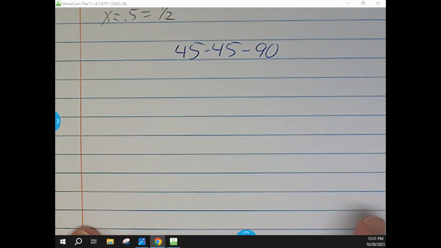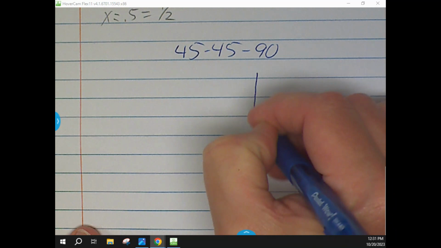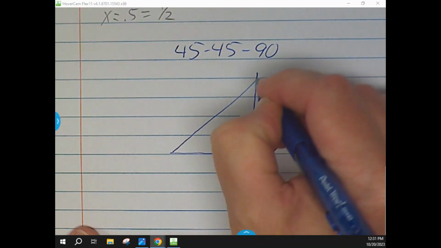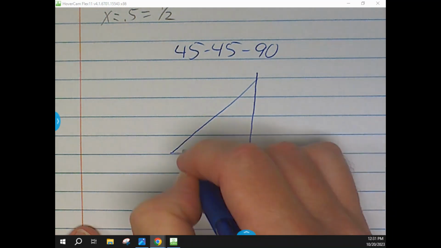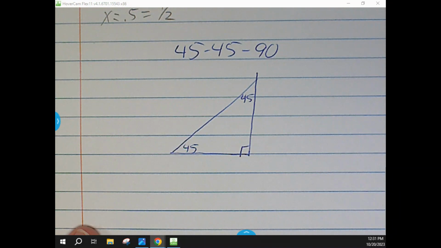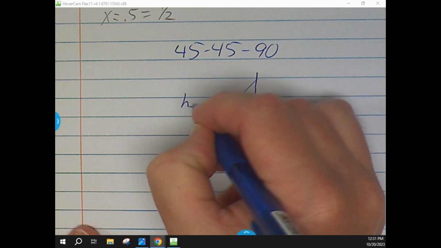Last one. 45, 45, 90. Okay, and the thing about a 45, 45, 90, you still got your hypotenuse here.